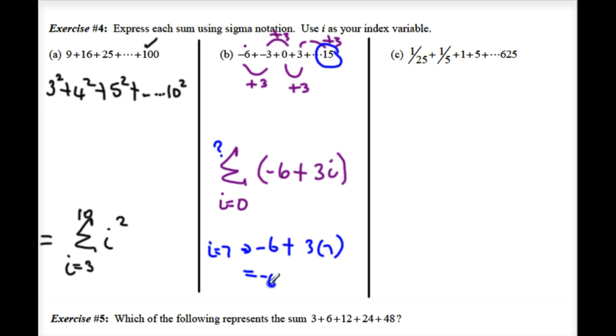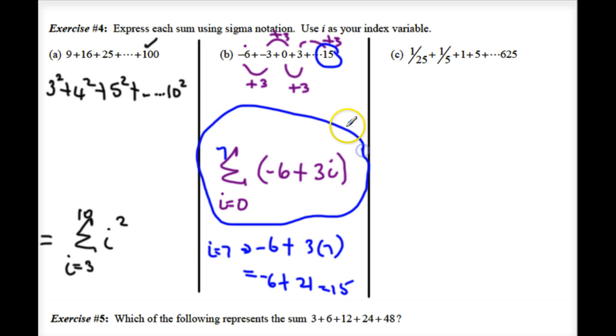This is -6 plus 21, which will give me 15. So I know that in the top here, my ending point will be that 7, and this will be my final answer. Okay?